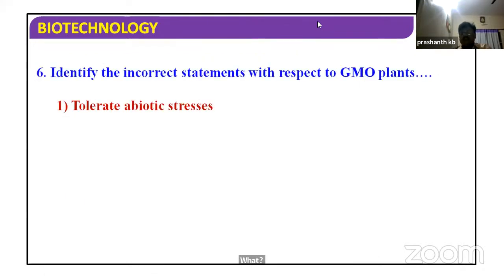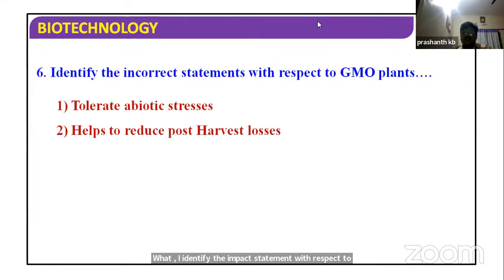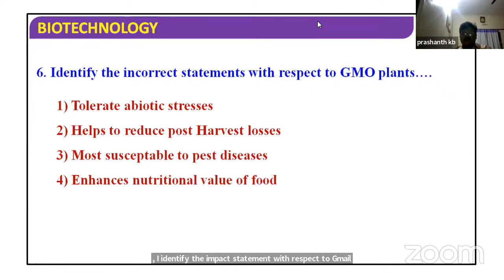Identify the incorrect statement with respect to GMO. First one is correct. Second one is correct. Helps to reduce post-harvest losses, tolerate abiotic stress, more susceptible to plant disease. More susceptible to plant disease is the incorrect one. Next.